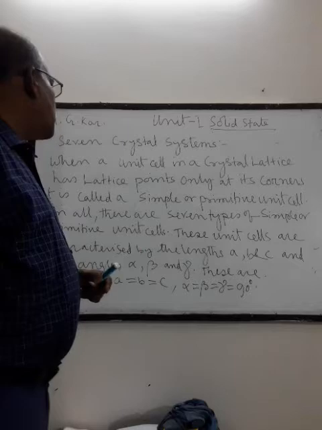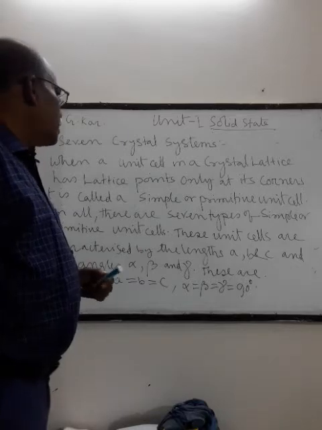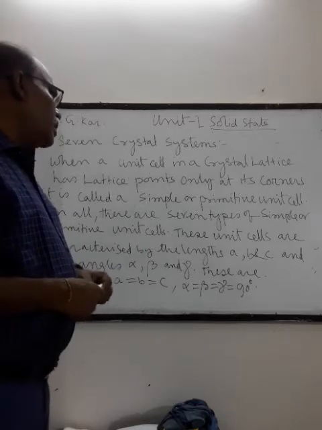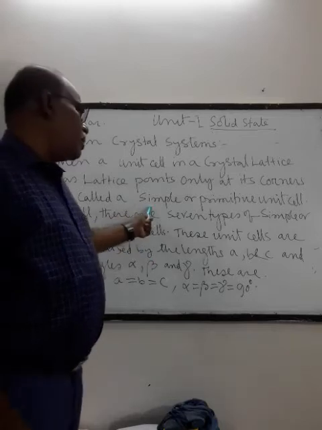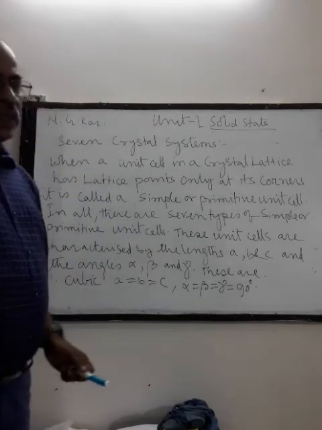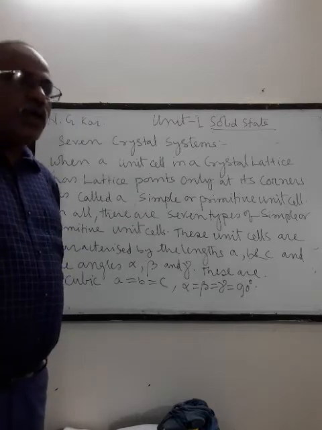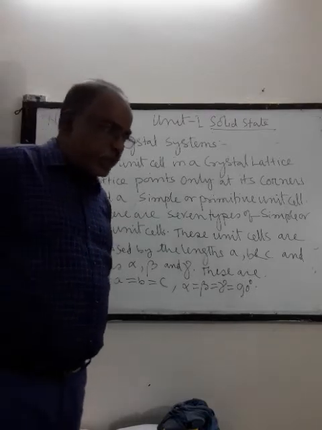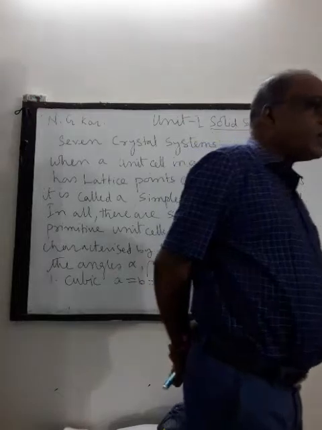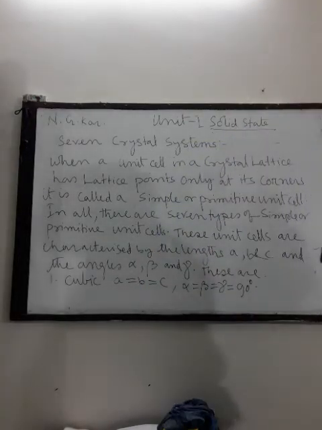Now if we consider the sides of the unit cell, first of all we consider only the simple or primitive unit cell, where particles are present only at the corners. It is of 7 different types depending upon A, B, C and alpha, beta and gamma.